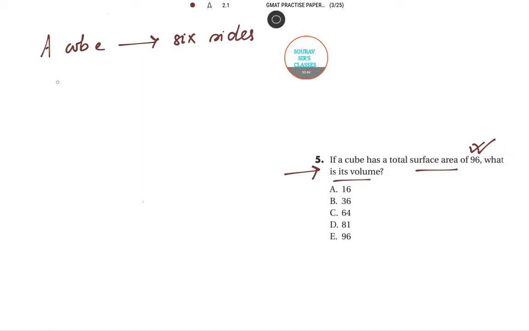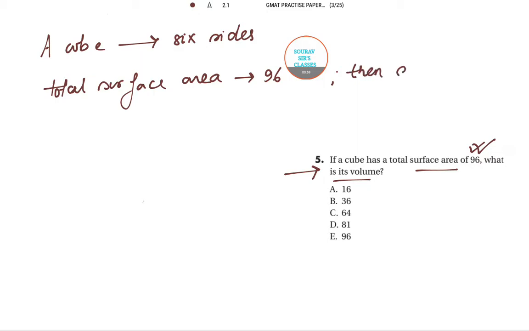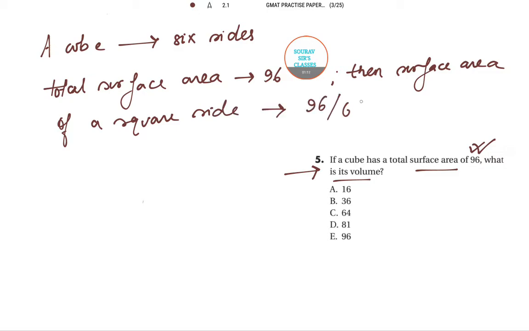So, if the total surface area is given to be 96, then the surface area of a square side will actually be 96 by 6, which is equal to 16.